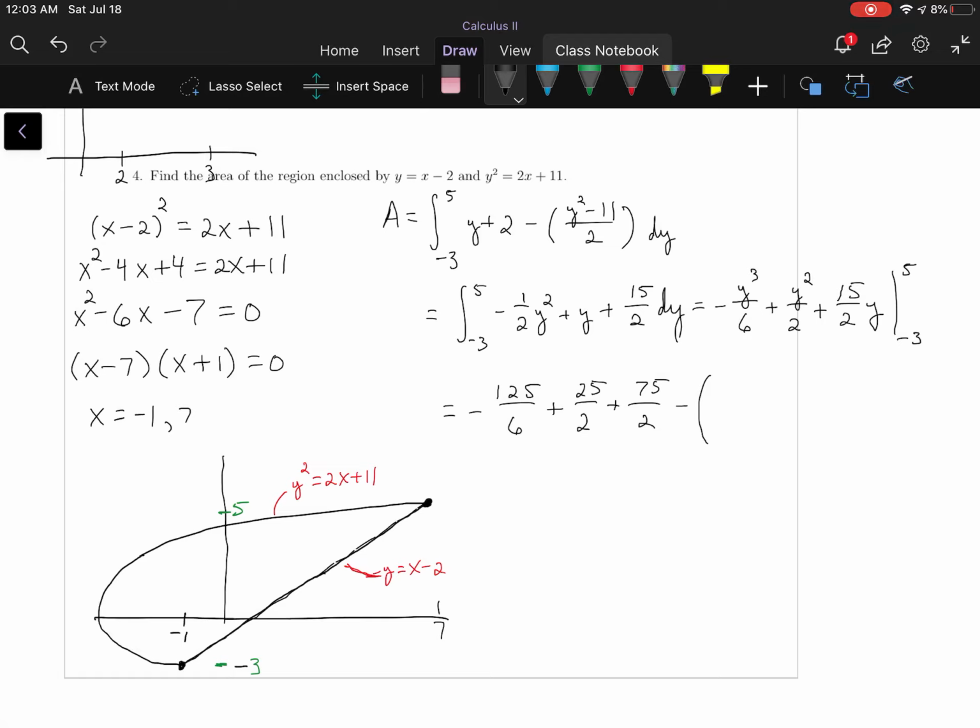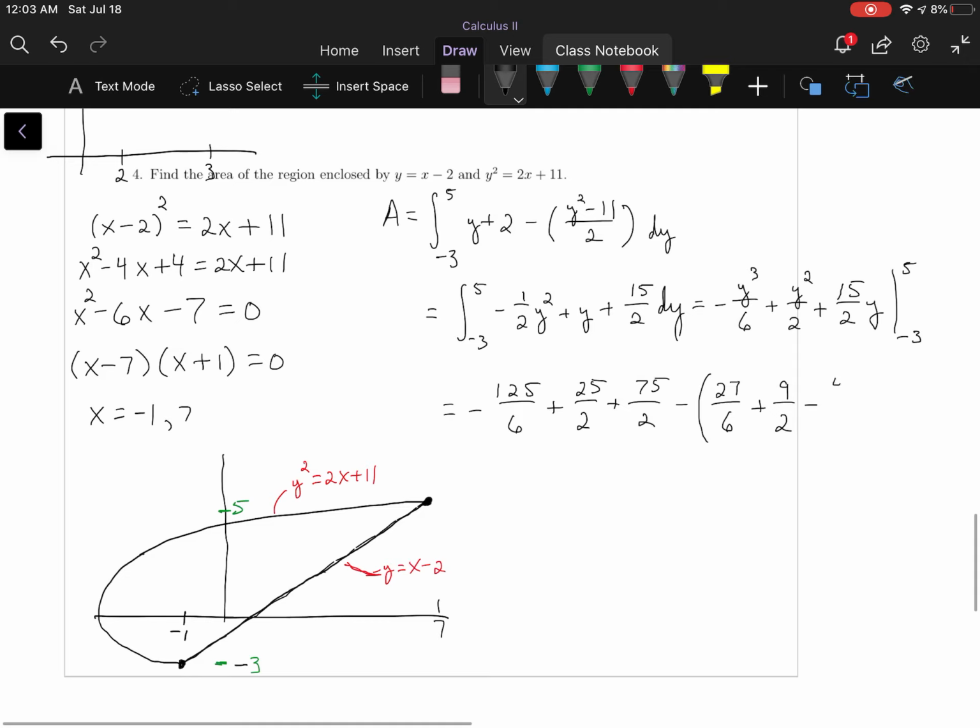Negative 3 cubed is negative 27, so with the minus sign out front, this is positive 27/6, plus negative 3 squared is 9 halves, minus 15 halves, and I already brought the minus sign out from the negative 3, so that's going to be 45 halves.